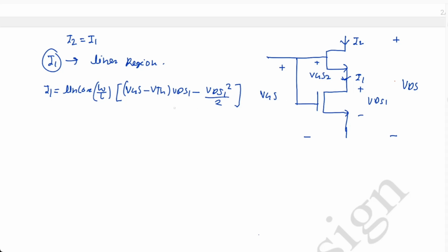This current is flowing through the M1 transistor, and this is always equal to I2 because they are in series, so the current must be the same. So let's solve this equation.